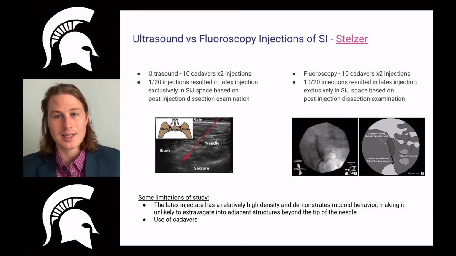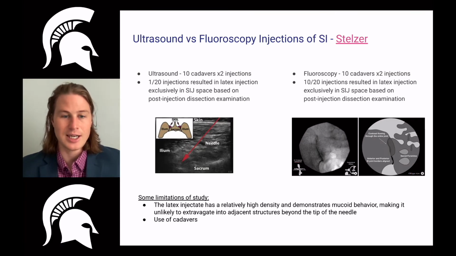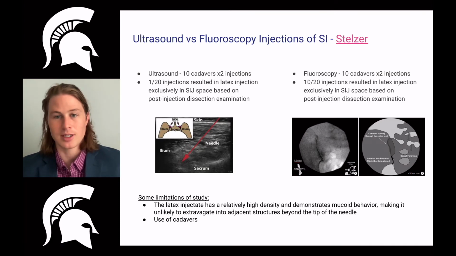They used a latex injection that was found to be effective in about half of the injections in the fluoroscopy group, but only 1 out of 20 injections were found in the SI joint itself with ultrasound. There were some limitations to this study in that obviously you're using cadavers and not real patients, and that the latex doesn't extravasate like a normal local anesthetic and steroid would.